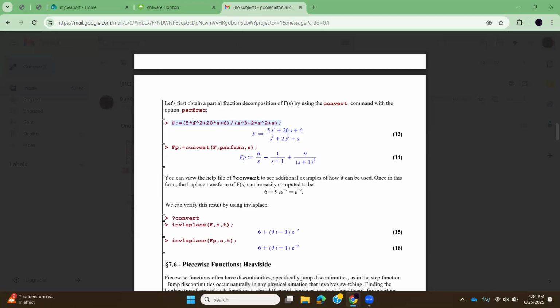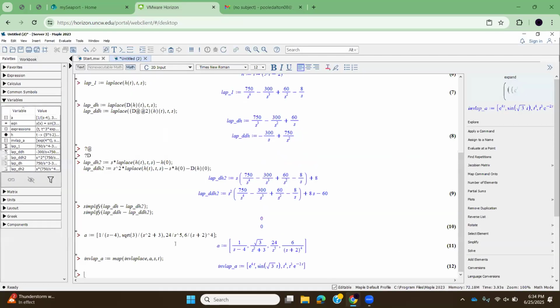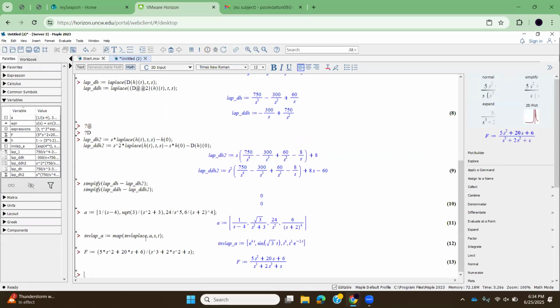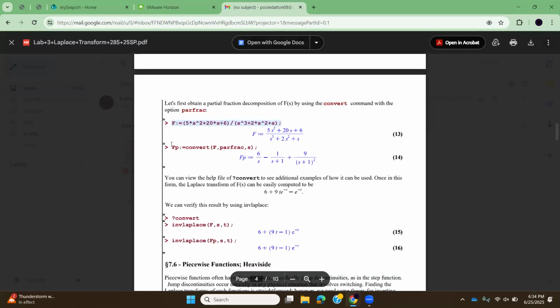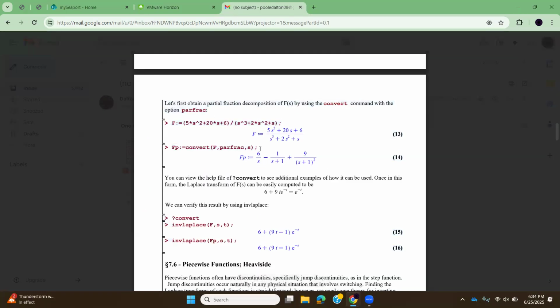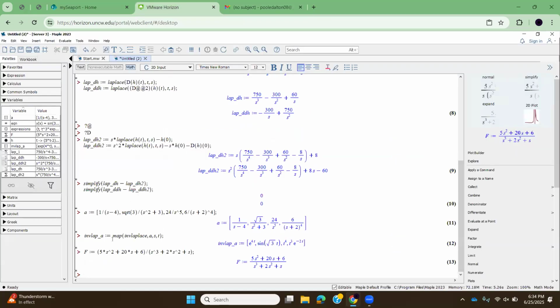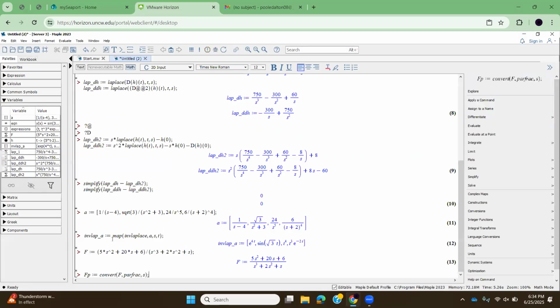So again, we're going to define this expression here as f, and then we're going to define fp, which I guess is just her shorthand for the function with the partial fraction command.